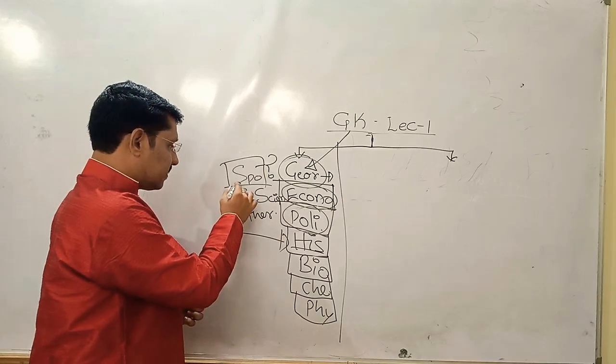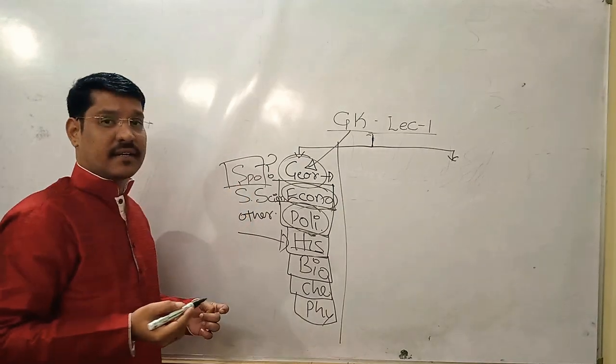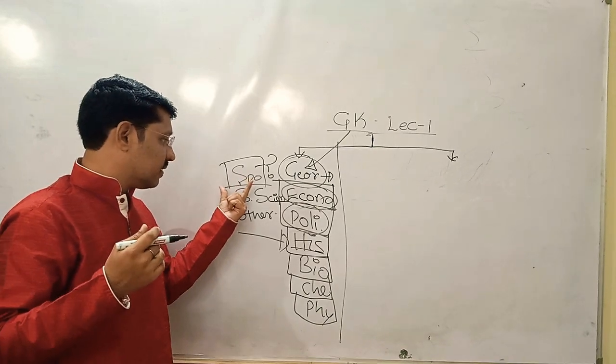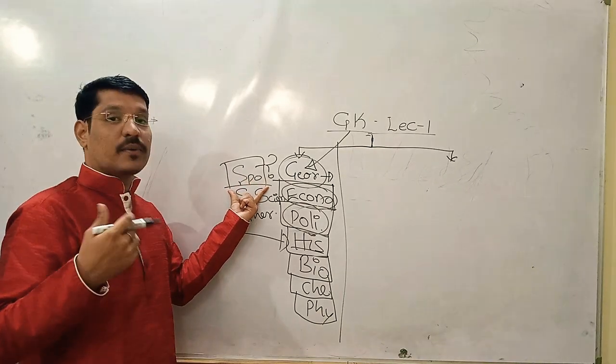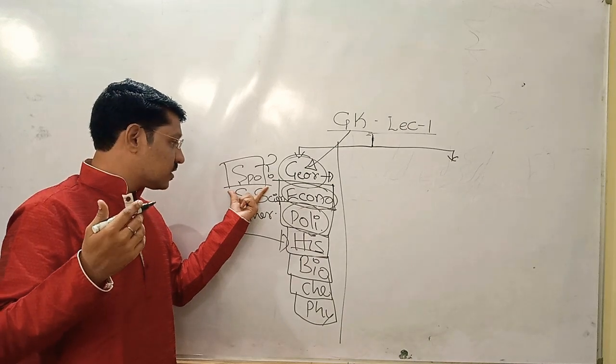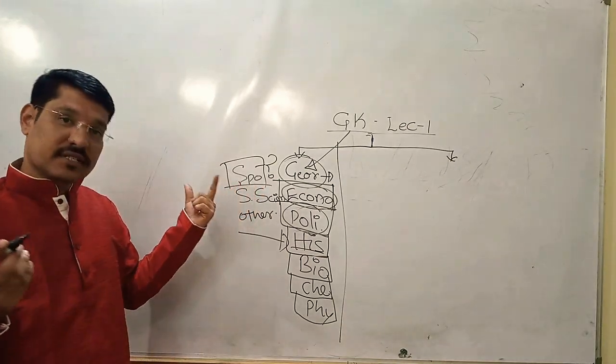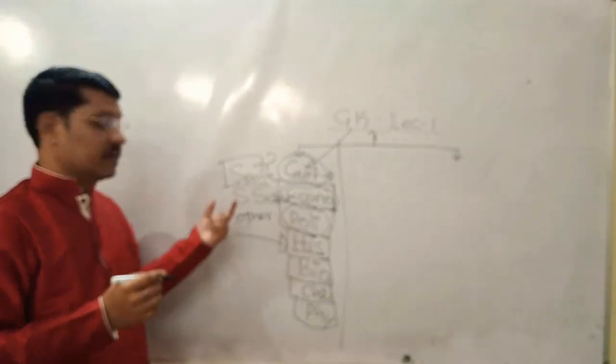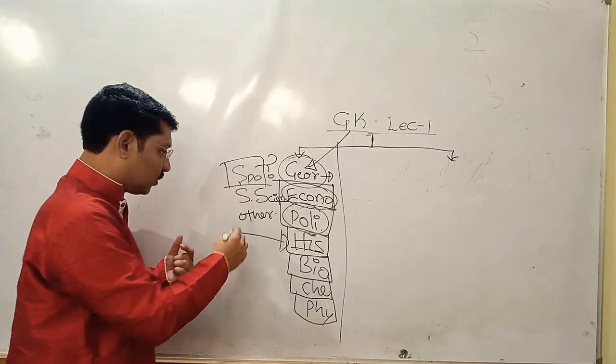Also, when something started, the World Cup is related to which sport, which is the most popular, or which is the national game of a particular nation. They will ask such questions under the sports topic.